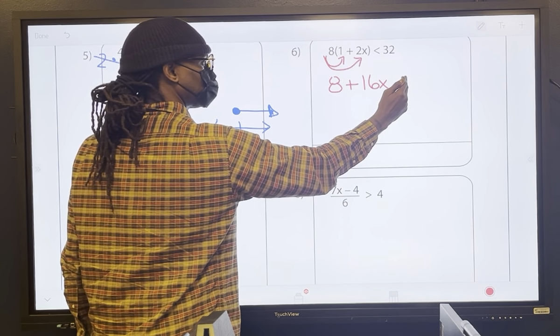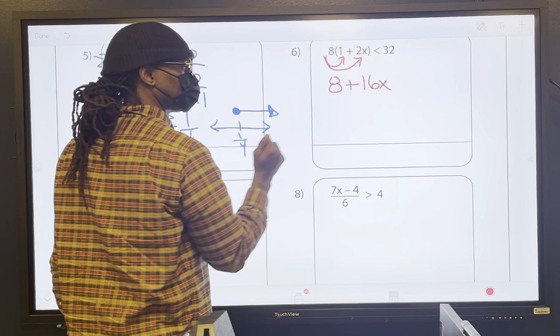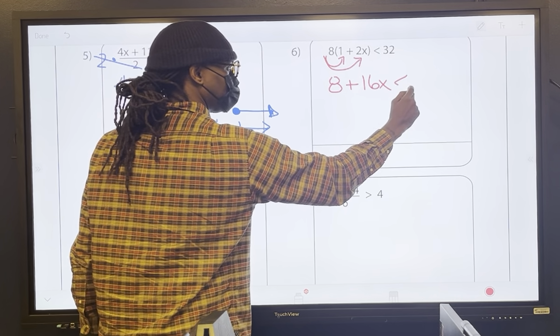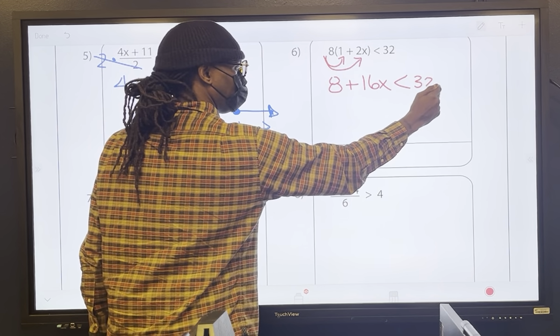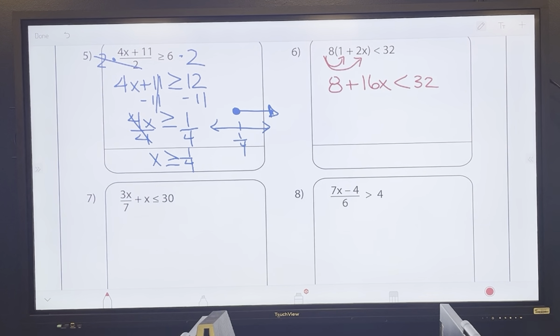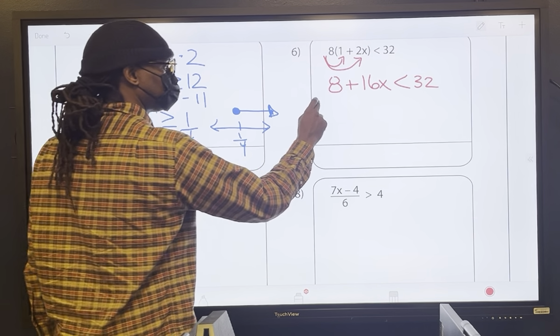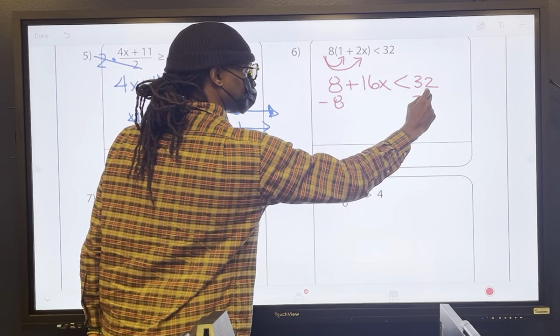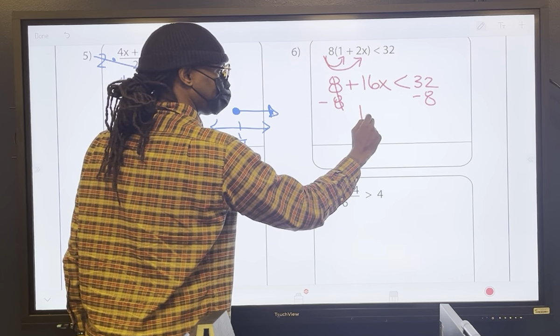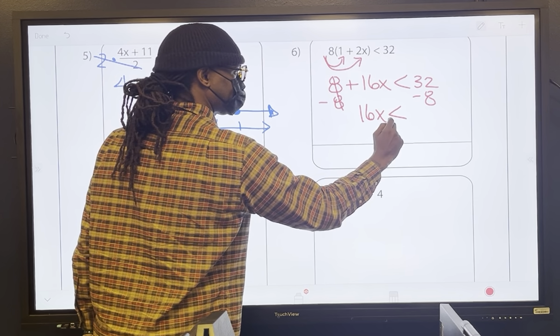Is less than. Then do what on both sides? Then do what? Come on. Subtract the 8. 8's cancel, giving me 16x is less than.